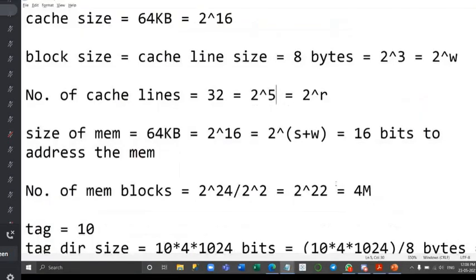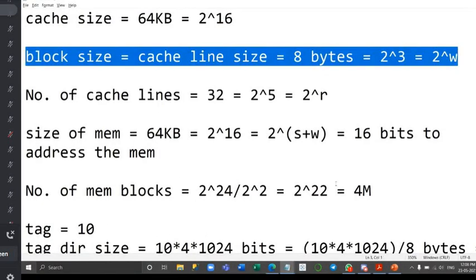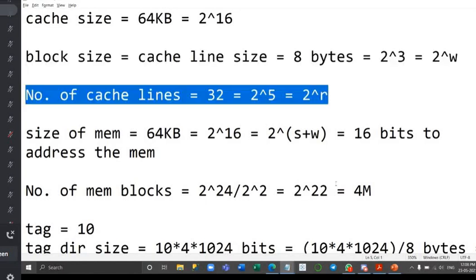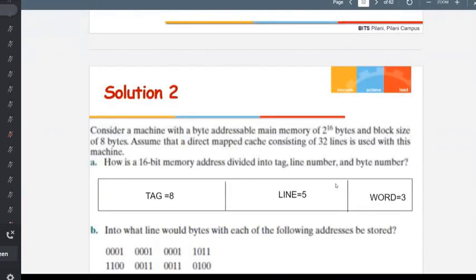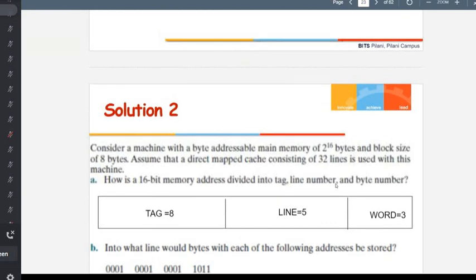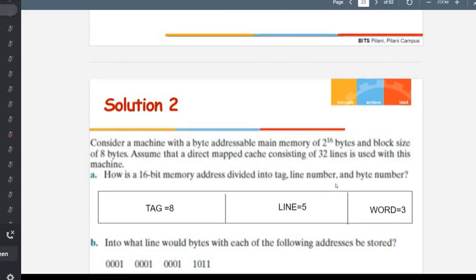How did we find 3? The word size is 8 bytes, 2 to the power 3, so W is 3. The number of cache lines is 32, 2 to the power 5, so R is 5. Total 8 bits out of 16 have been occupied by R and W. So the tag becomes 16 minus 8, that is 8 bits. So I get 8, 5, and 3 as the separate bits in the entire 16-bit address.